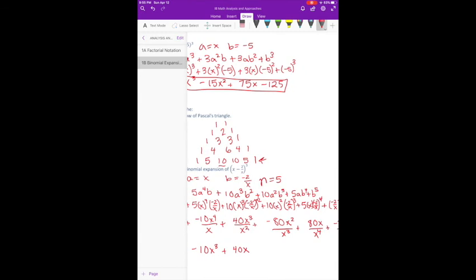So now we've got more on the bottom. So this is going to be -80 over x, because 2 minus 3 is -1, which means there's more x's on the bottom. So another way we could do this is we can write x to the third as x times x times x, and x squared is x times x. 2 of them cancel on the top with 2 of them on the bottom, so you're left with 1 on the bottom.